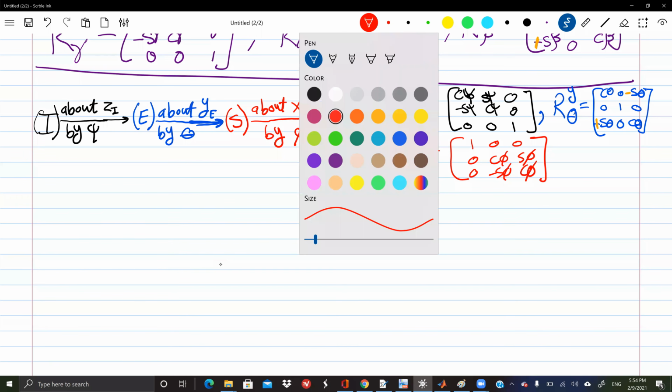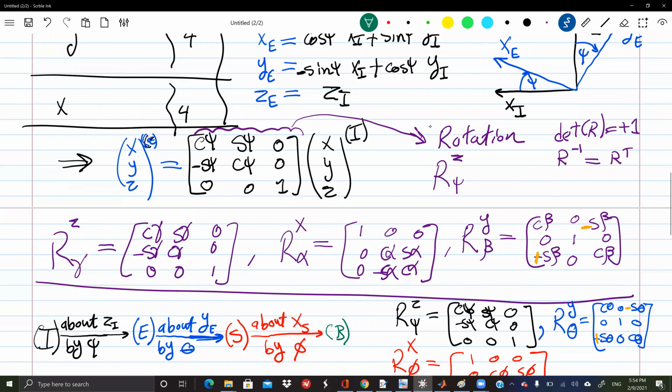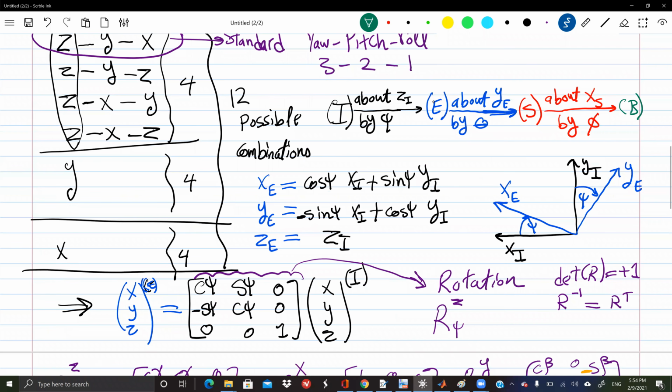Now let's do this rigorously. I'm going to start with x, y, z for my body. I know that the new is always equal to the rotation matrix times the old, like here. Here there was only one rotation from I to E. The E components, the new components after rotation, always equal the rotation matrix times the old, like this equation.